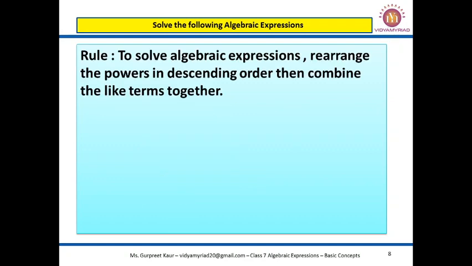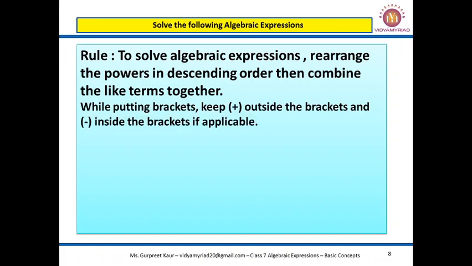Let's take another example. Now this is the question, where the terms are in a random order. For such algebraic expressions, you need to first rearrange the powers in descending order, and then try to combine the like terms. Here it is written first square, then no power, then cube.